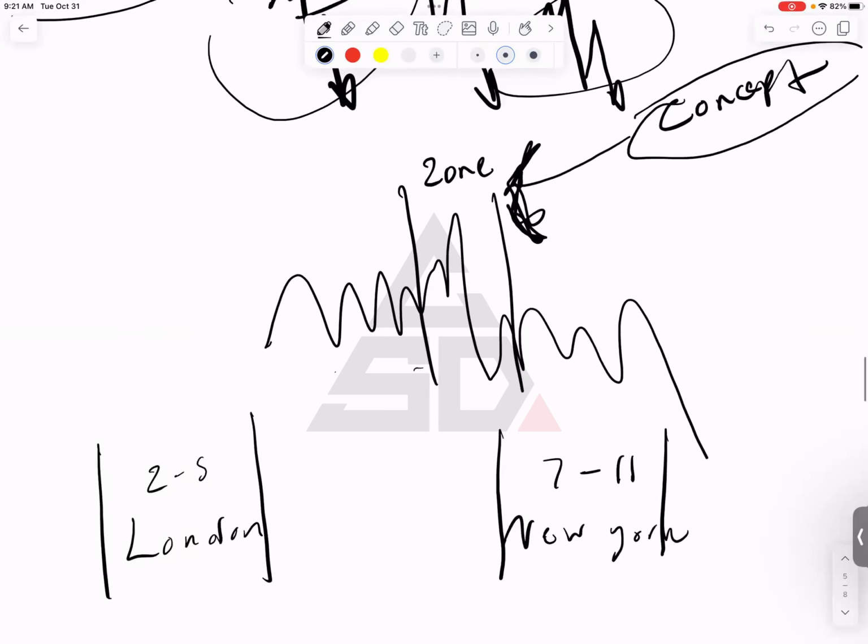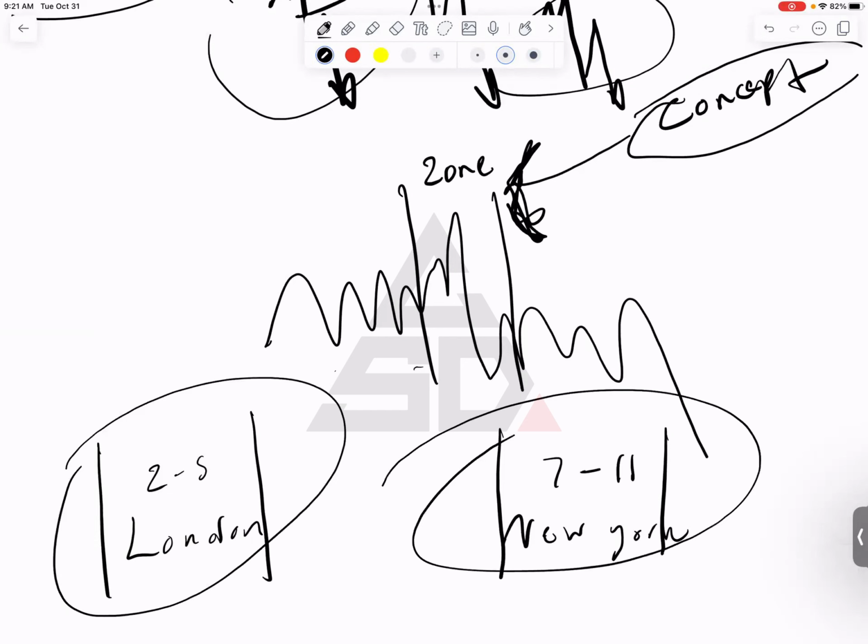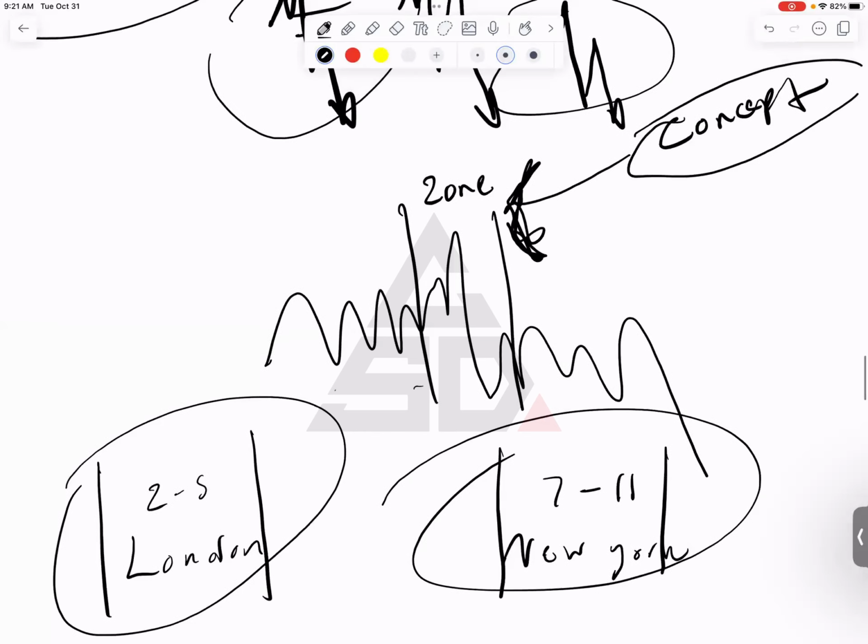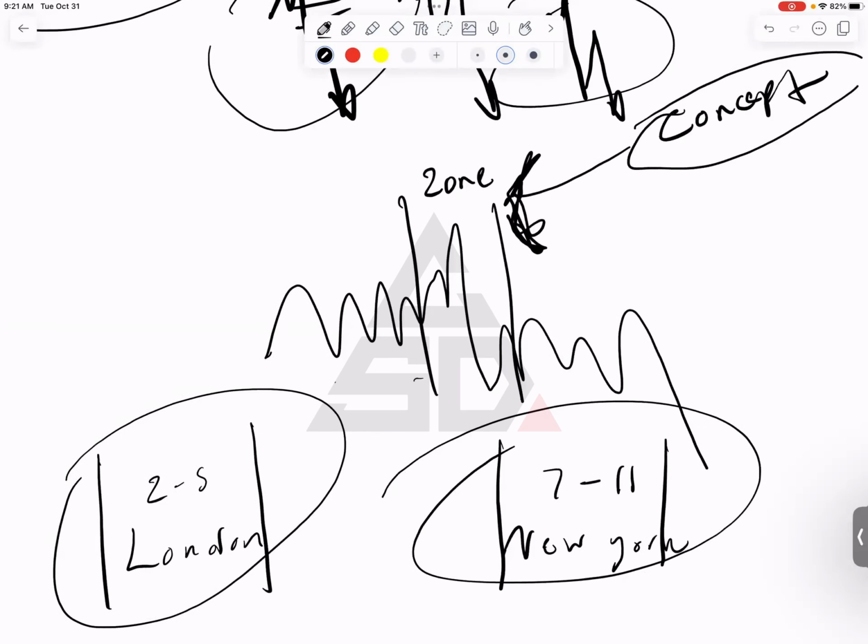As you can see here, when we're talking about timing, London session and New York session, which is the kill zone, London kill zone and New York's kill zone. Just imagine right here we have a breaker that's spotted during the kill zone hours of New York. That breaker forming there would be the breaker that you should be trading.